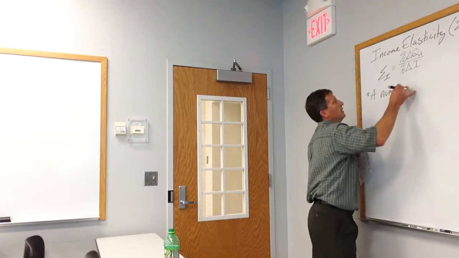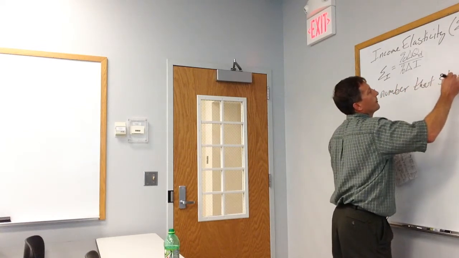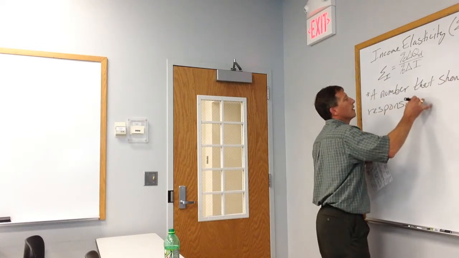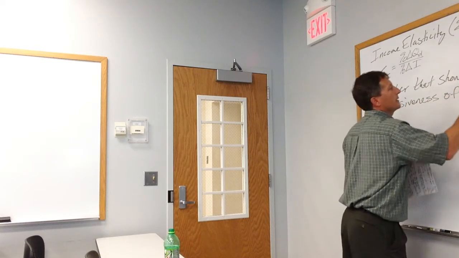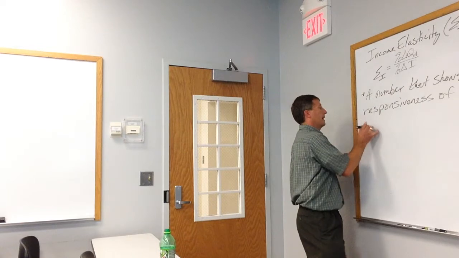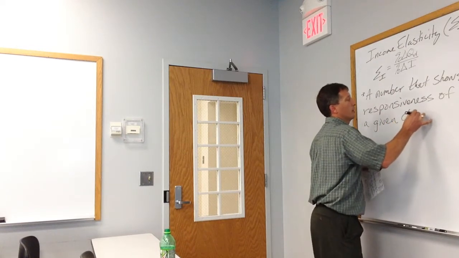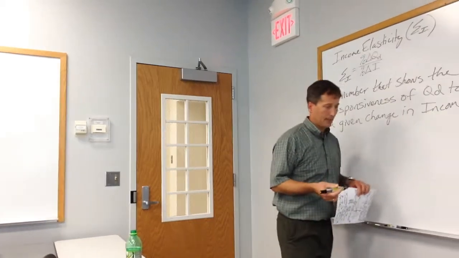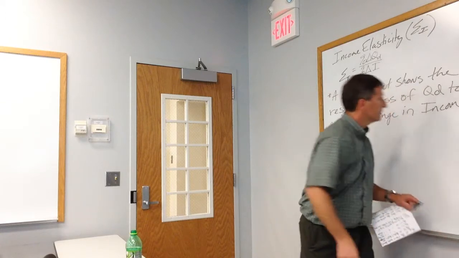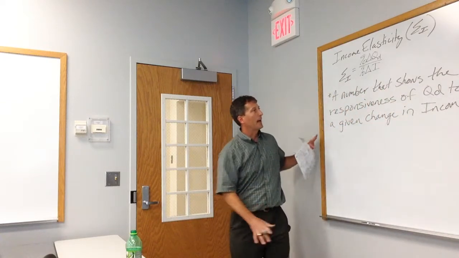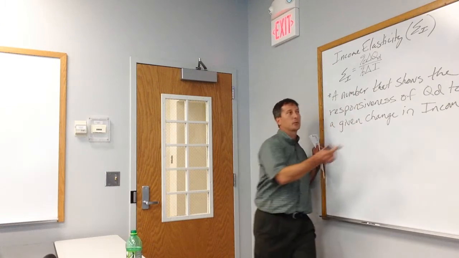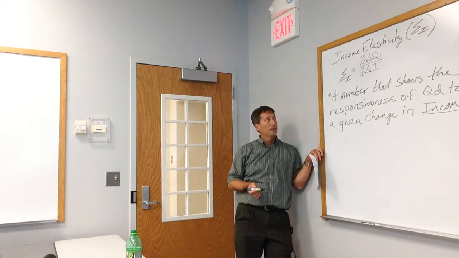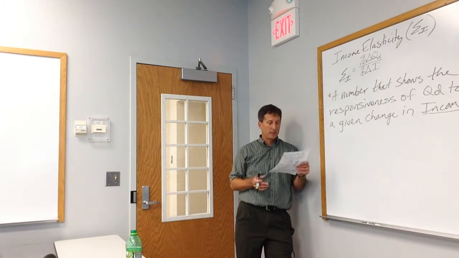It's a number that shows the responsiveness of quantity demanded to a given change in income. So if you look back at the definition of the price elasticity, all we've done is substituted in that single word. And that's why the formula looks awfully familiar as well.